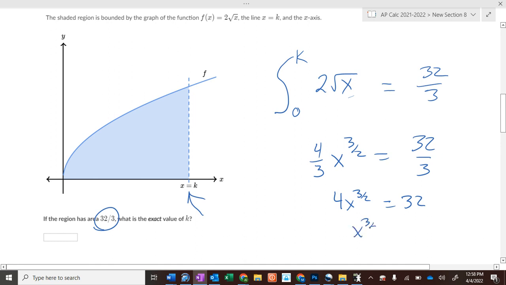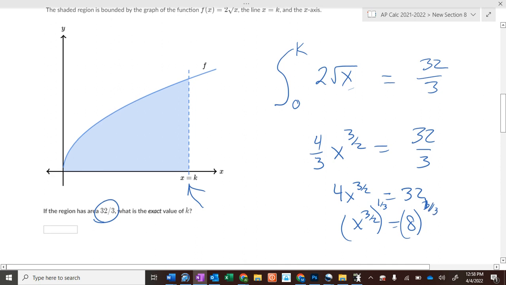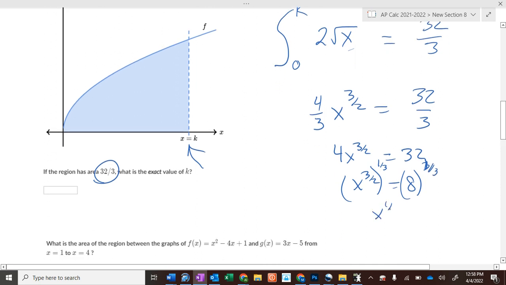Divide, x to the 3/2 equals 8. Take the cube root of both sides, so x to the 1/2 equals 2. So x equals, if we square both sides, 4. k must equal 4.